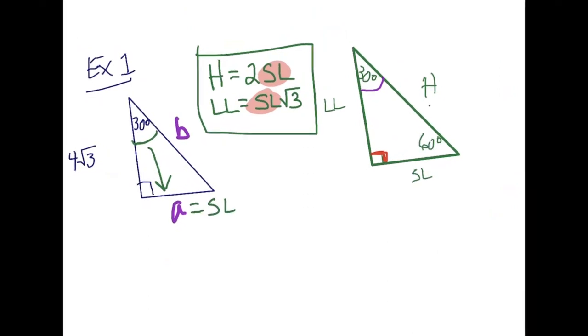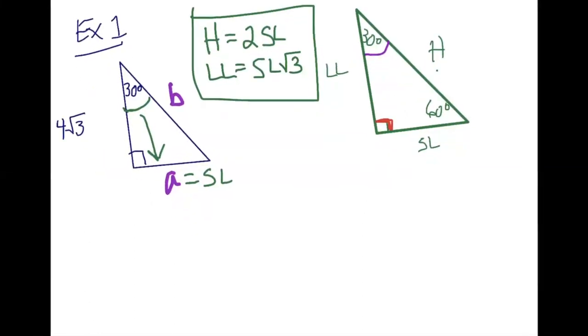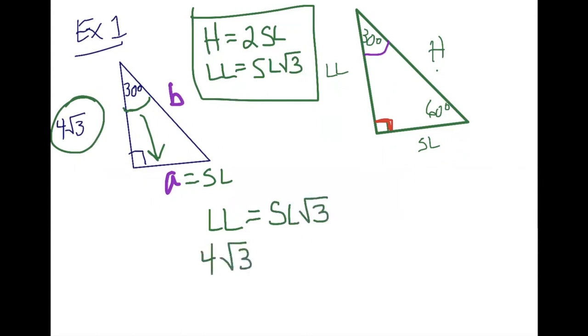So I'm going to get rid of these highlights. Sorry, I just got rid of a bunch of my important information. Okay, so I'm going to use LL, because we know that, and I'm going to put my long leg into the formula.